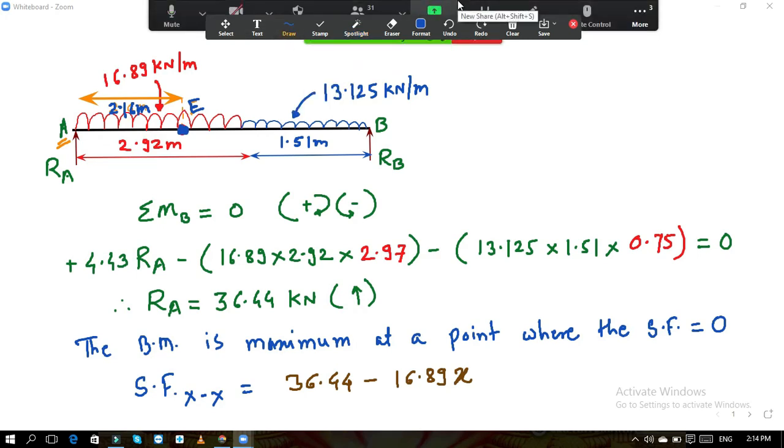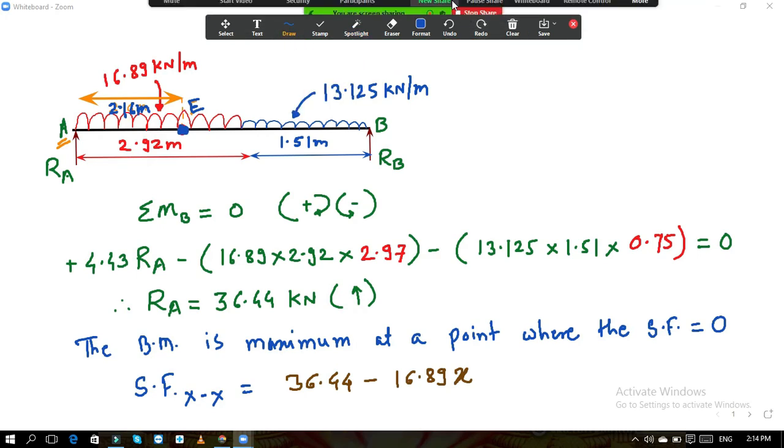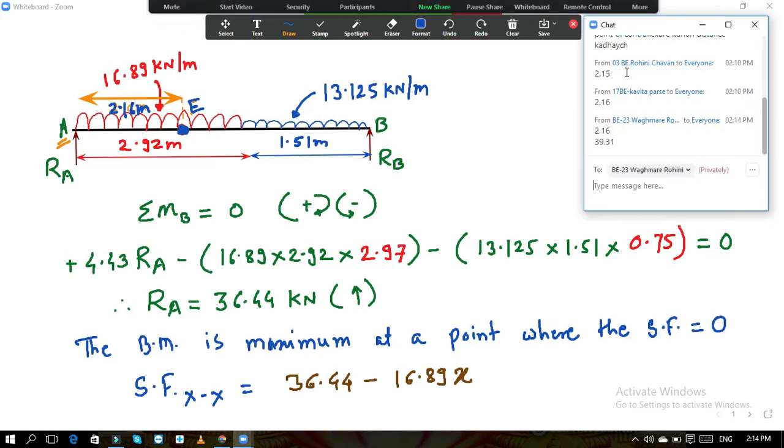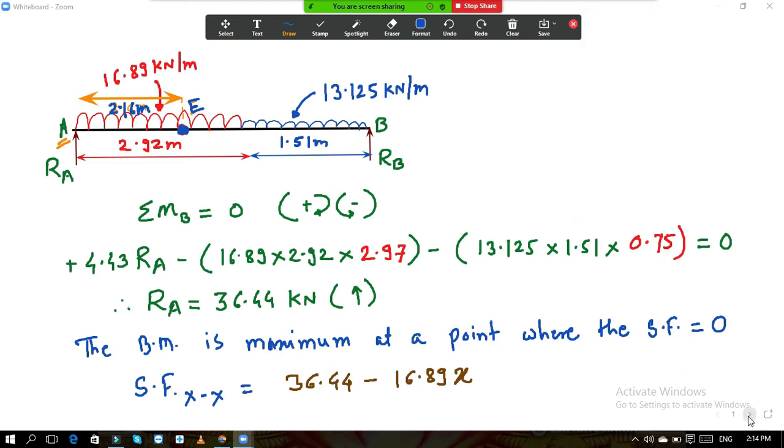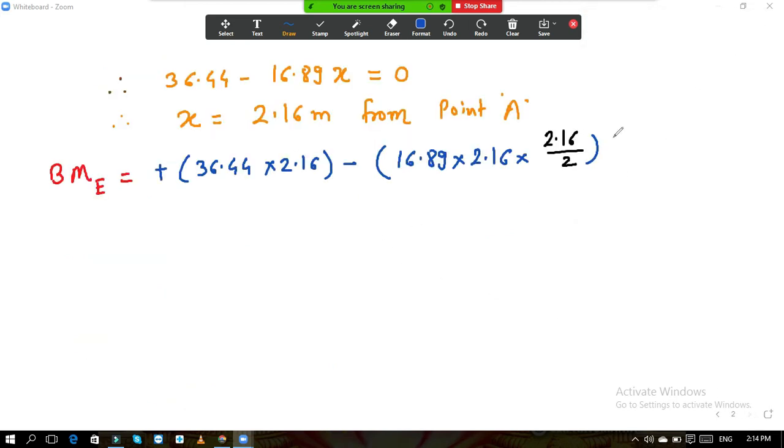So now the maximum bending moment is, how much? 39.31. So the maximum bending moment at E is 39.31.